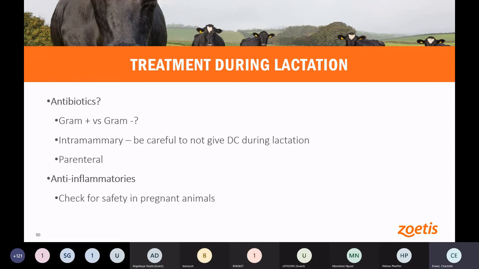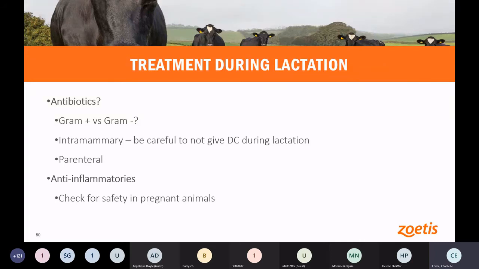Okay, and here you can look at the different options that you have available. Some of the weak base parenteral antibiotics can actually also diffuse into the udder tissue and into the milk.